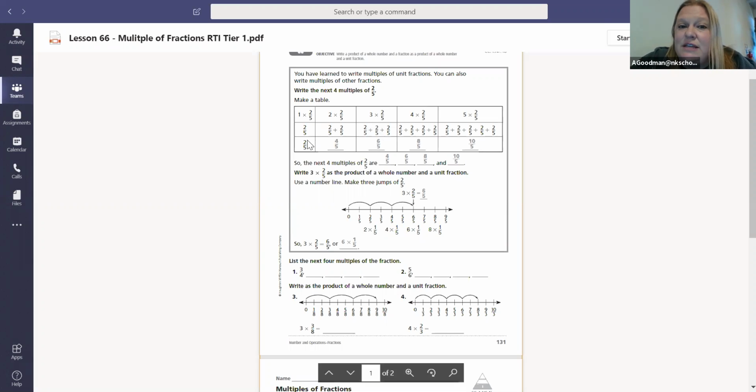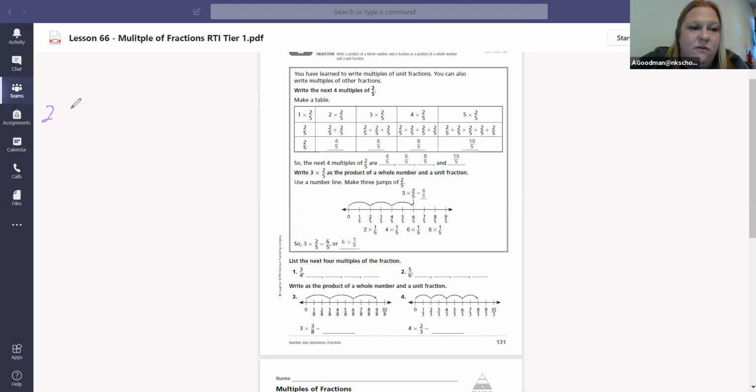So if you notice, the denominator stays the same, and we are using multiples of 2 to fill in the numerator, right? If you were to make a list of all the multiples of 2: 2, 4, 6, 8, 10, 12, 14, that's as far as I'm gonna go.